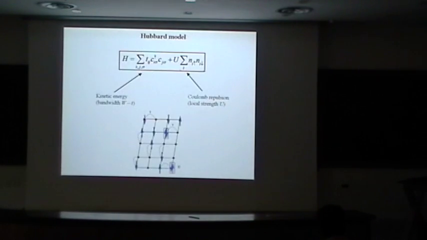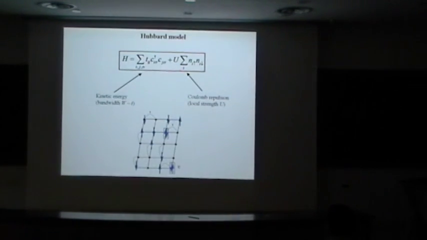Anyway, now let's go a bit more theoretical. This is the Hubbard model, which you have already seen. We have kinetic energy and this Hubbard U, and the cartoon picture close to half filling is shown here. It's important to notice that most of the discussion in the next minutes is actually at half filling.